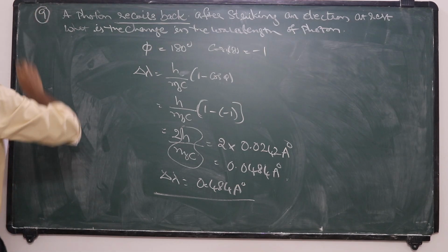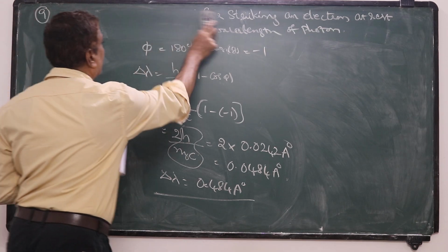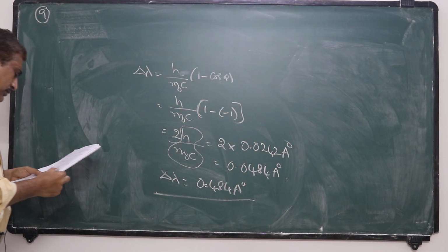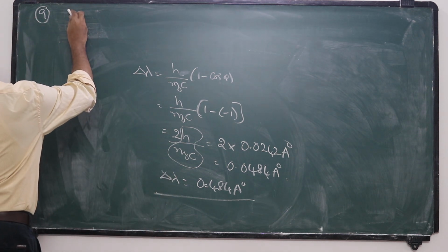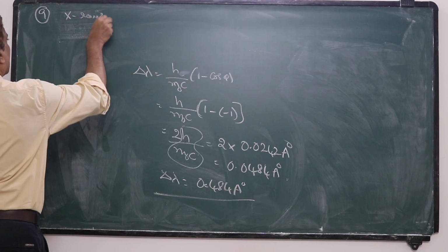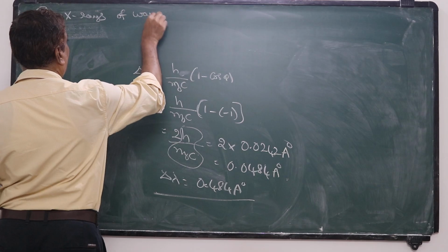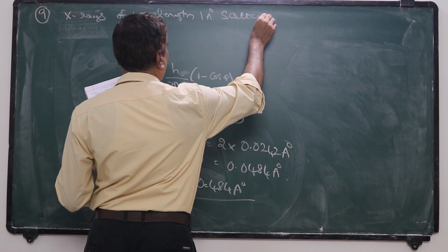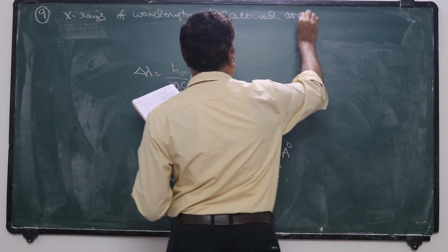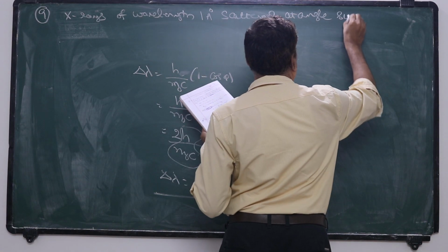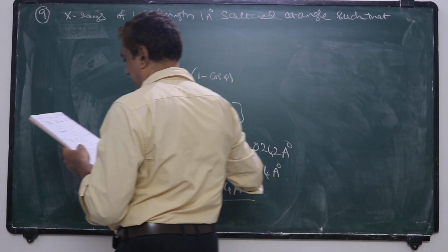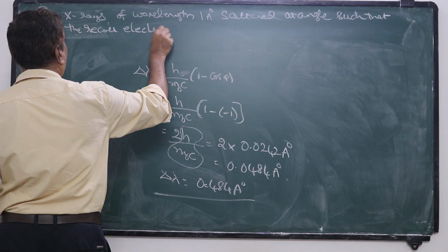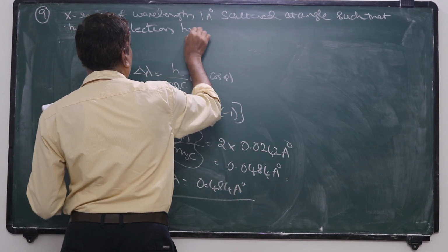Okay, ninth one. X-ray of wavelength 1 Armstrong is scattered at an angle such that the recoil electron has maximum kinetic energy.